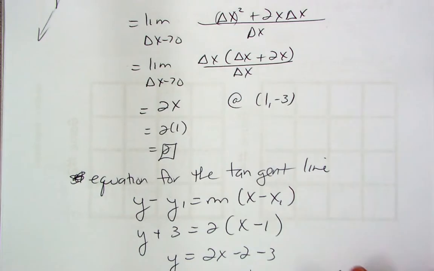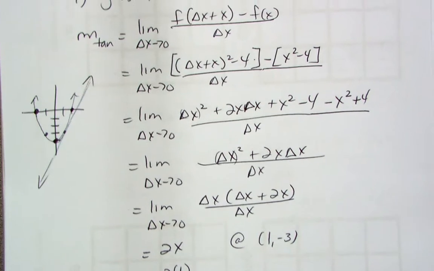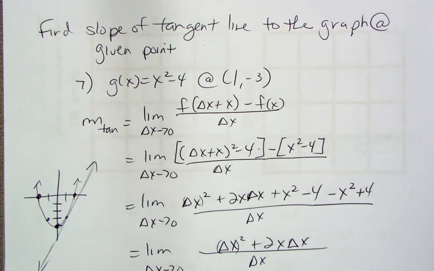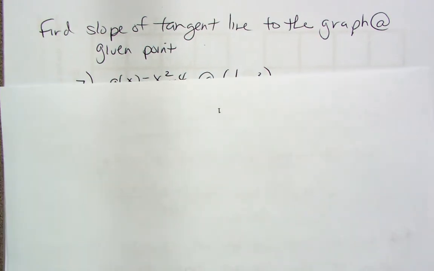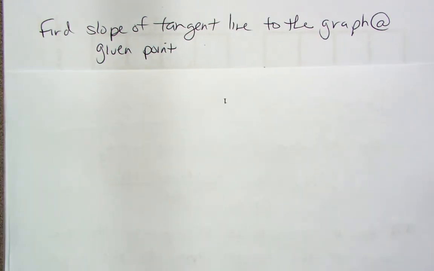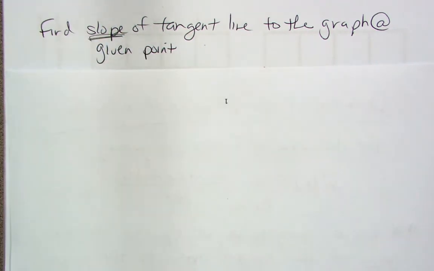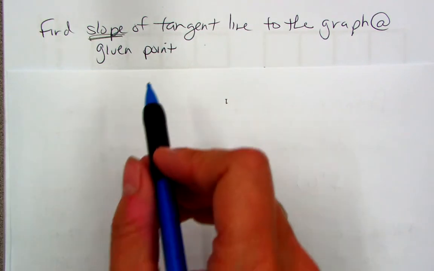So let's try ourselves a problem. I took the directions right out of the textbook. Here's the directions. Find the slope, not the equation, find just the slope of the tangent line to the graph at the given point.